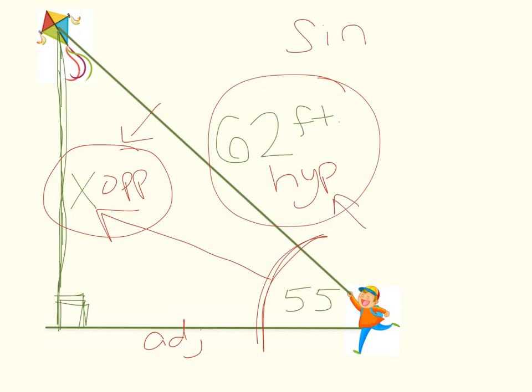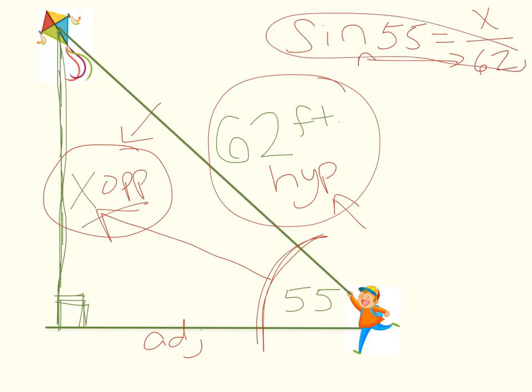So the sine of the angle, which in this case is 55, is the opposite, which is x, over the hypotenuse, which is 62. And in this case, we are now going to multiply these two values. So you have sine of 55 times 62, which equals about 50.78. So the kite's about 51 feet above the ground.